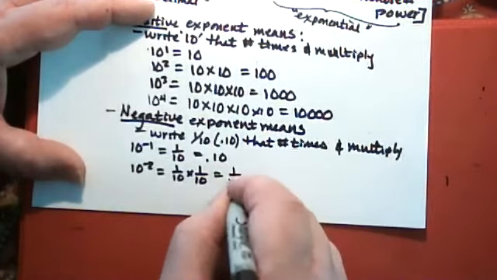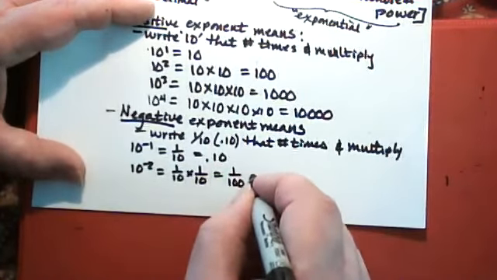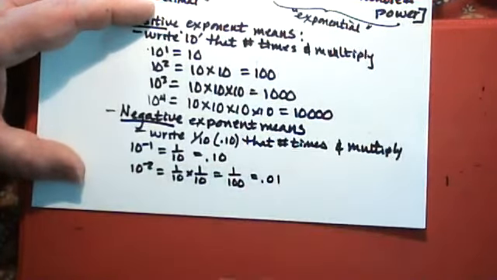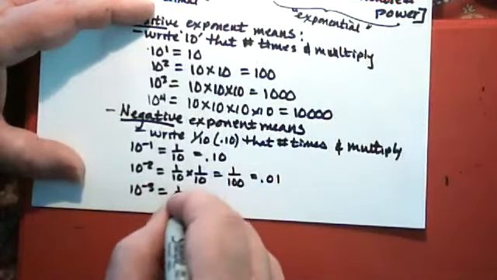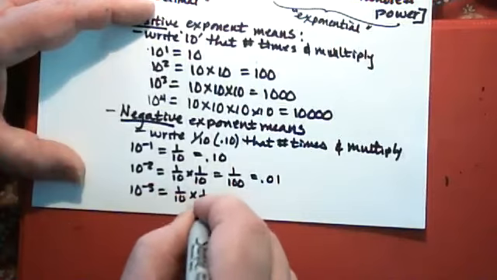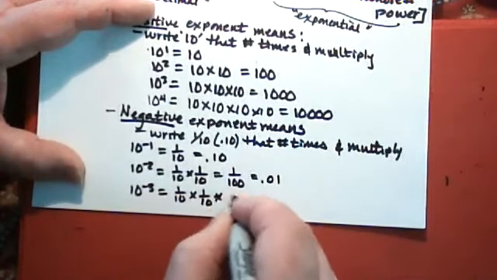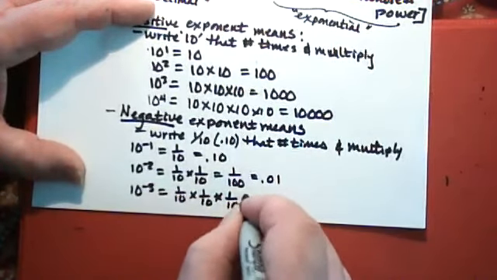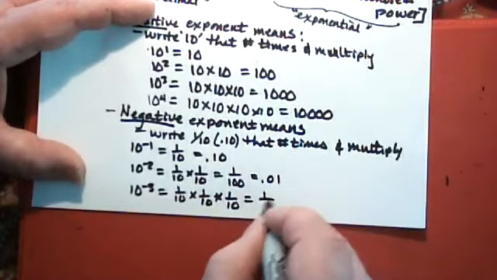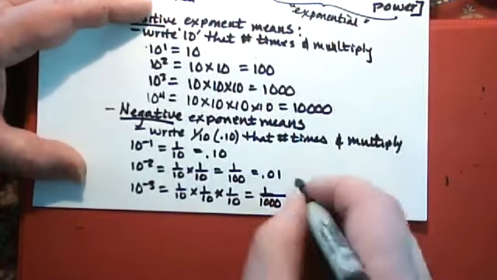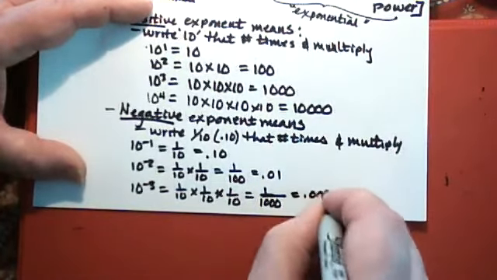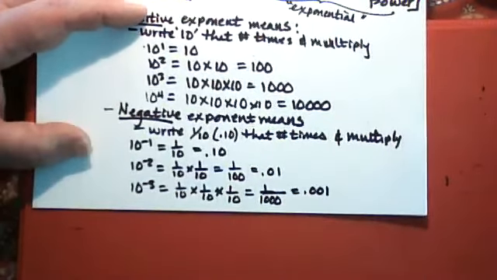When you do that, you get 1/100th, or 0.01. 10 to the minus 3 means write down 1/10 three times and multiply them together. That gives you 1/1000th, which is 0.001, and so on.